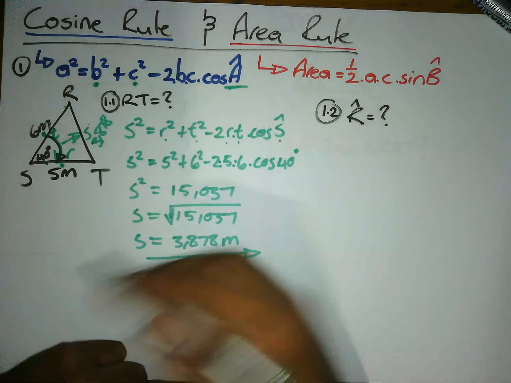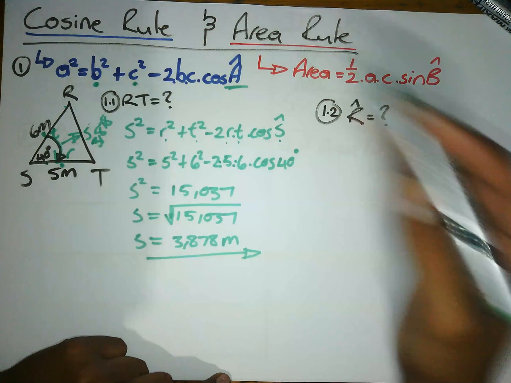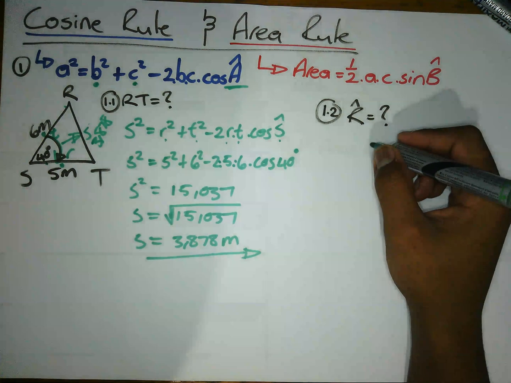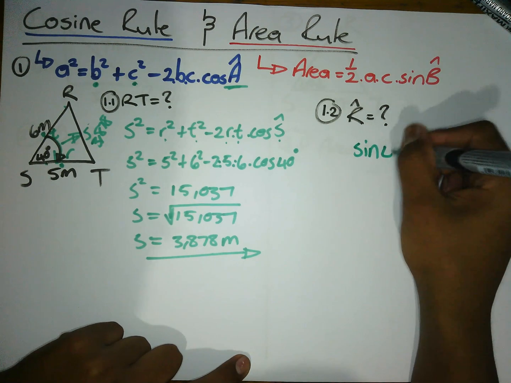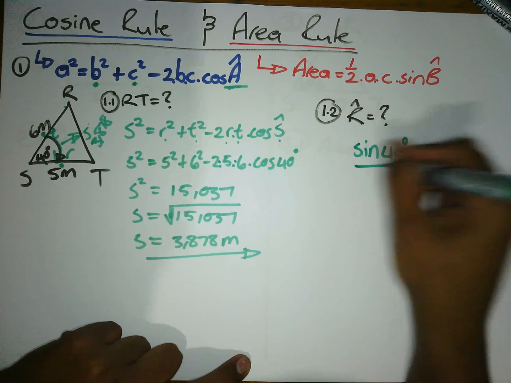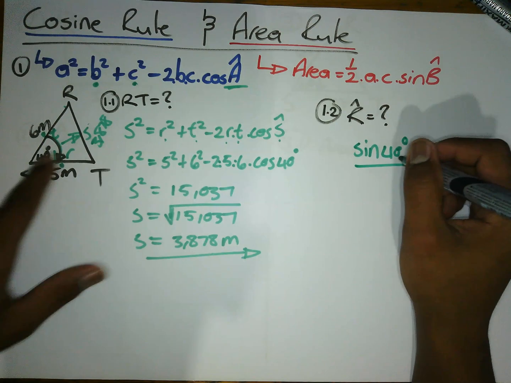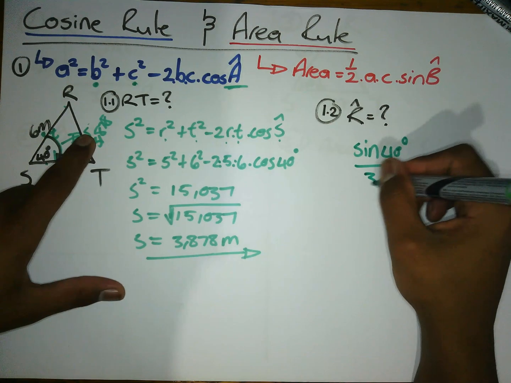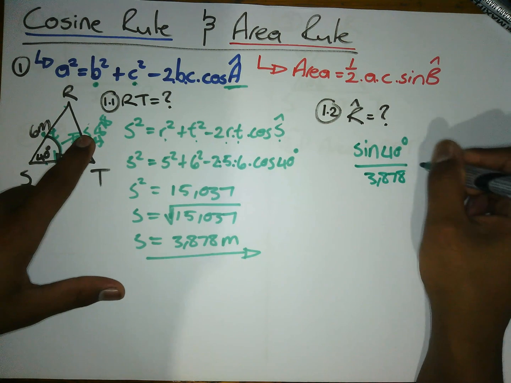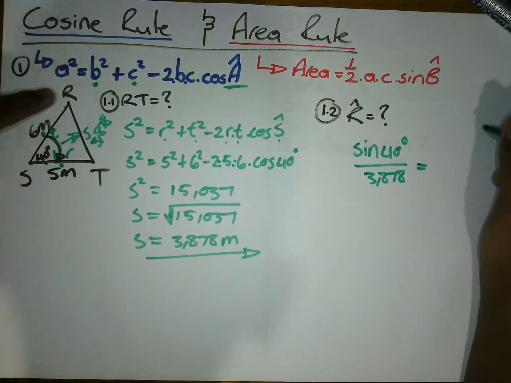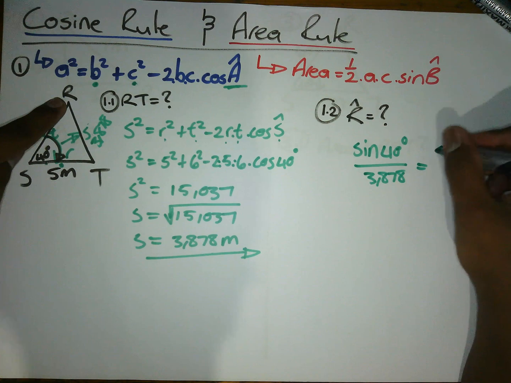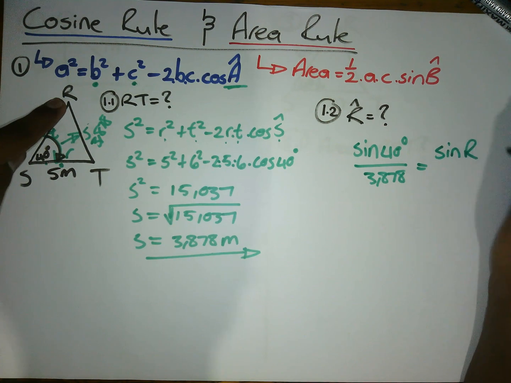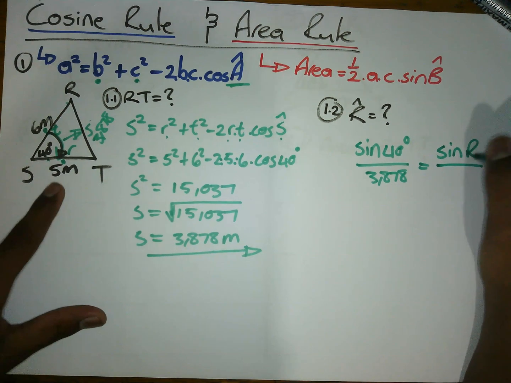Then I can manipulate to get that angle, right? So what I mean is we're going to say sin 40 degrees over this side there that I just got, 3.878, equals sine of this R here, sine angle R over 5.